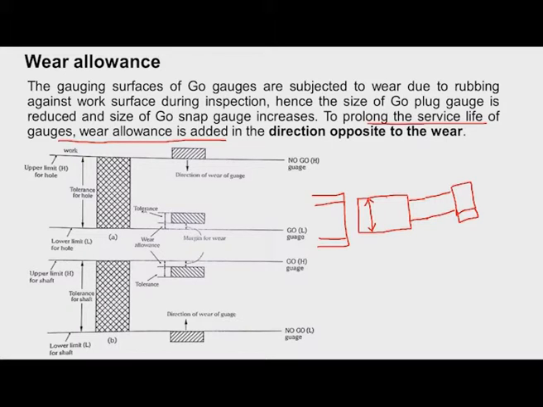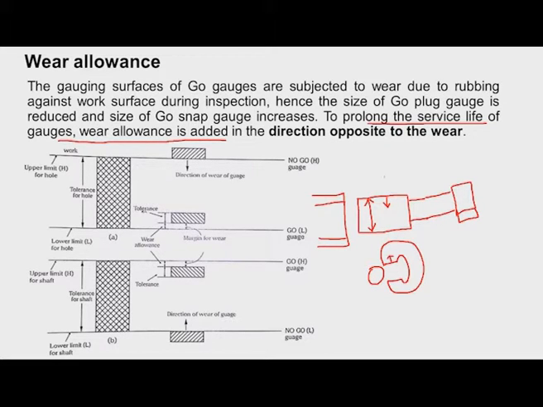That means the direction of wear will be in this direction, which is shown here, and if a snap gauge is used to check the diameters, there will be wear of this. So wear direction will be in the opposite direction, opposite to this particular direction.